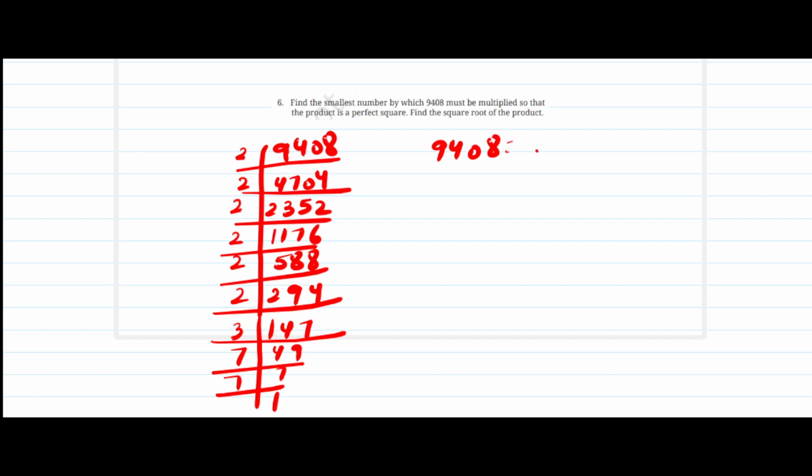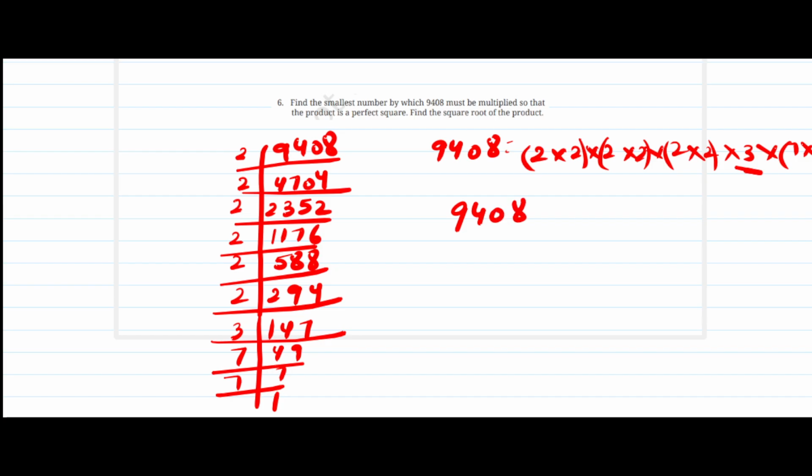9408 can be written as this. Let's figure out how many pairs are there: 1, 2, 3 and 4. That means 3 is without a pair. And the number by which we will multiply 9408 will be 3 only, right?